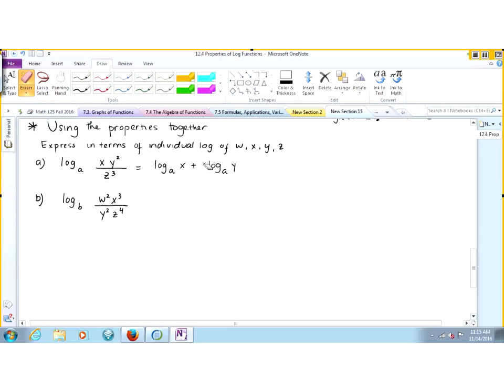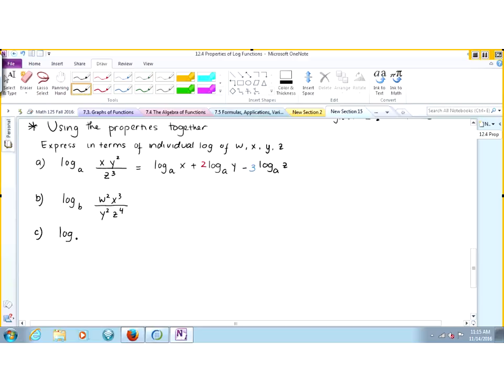So instead of Y squared, I have 2 times log base A of Y. Next, minus log base A of Z cubed. But what do I do with my cube? Bring it down so it becomes 3. Z cubed, so it's minus. All right. Are we okay so far? Easy? Okay. Now can you do B?